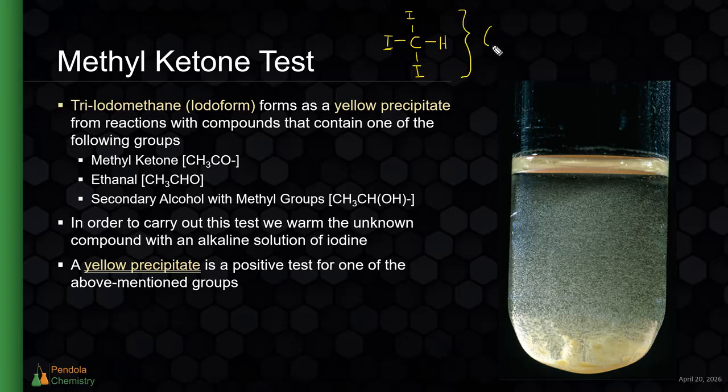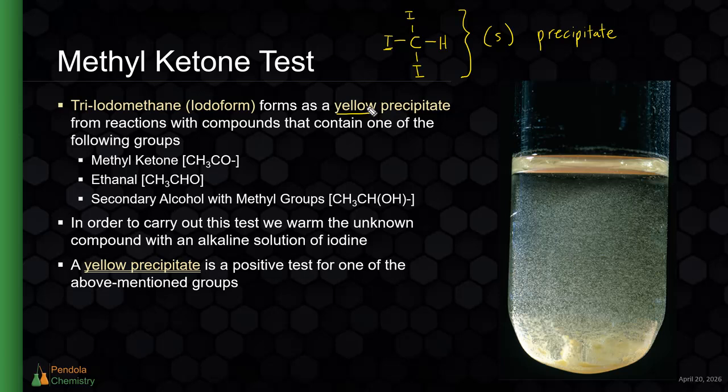Tri-Iodomethane is not soluble in aqueous solutions. So this is going to come out as a solid or a precipitate. And not only is it a precipitate, it is a very distinguishable yellow precipitate.